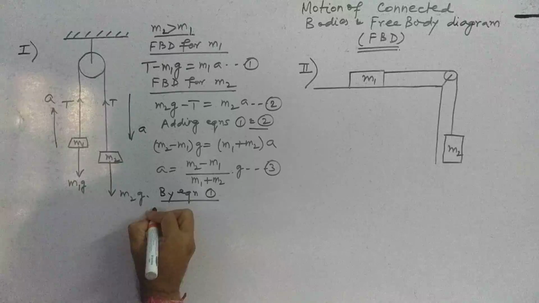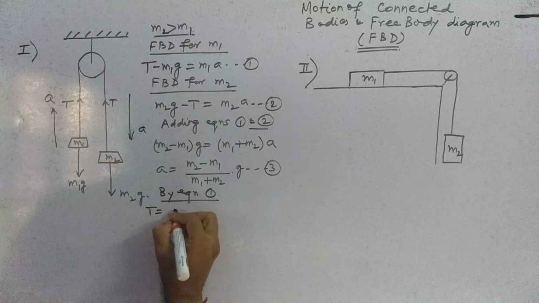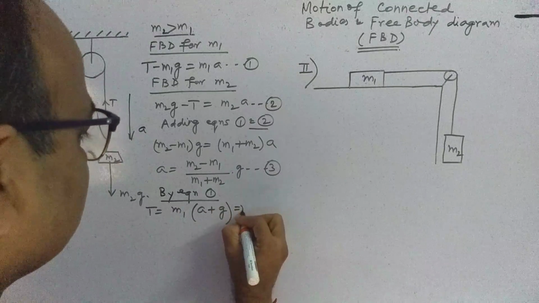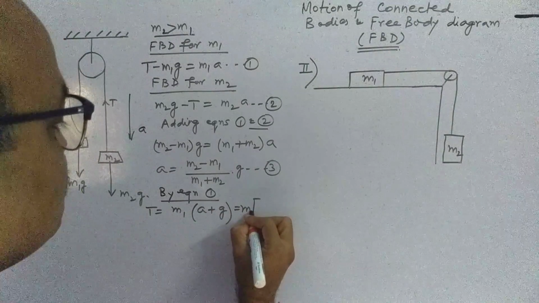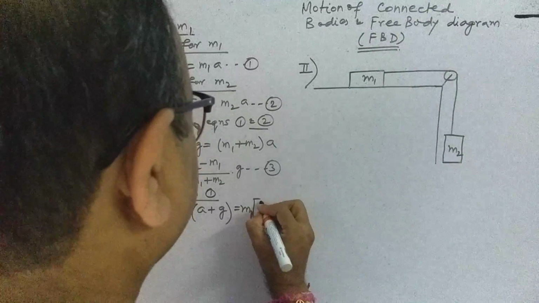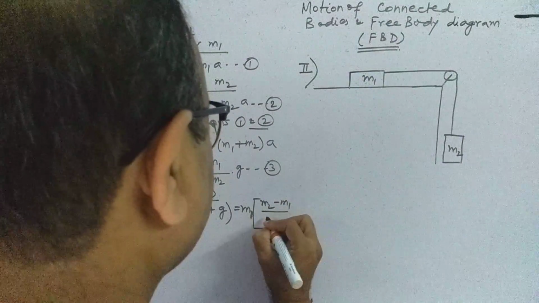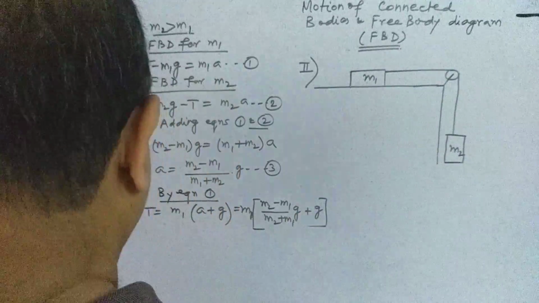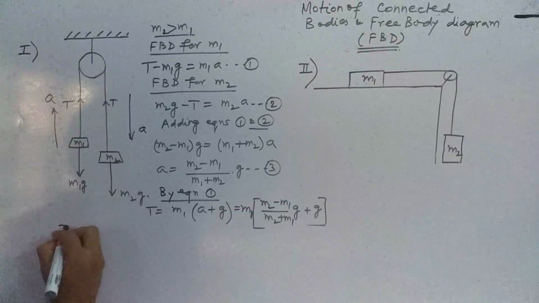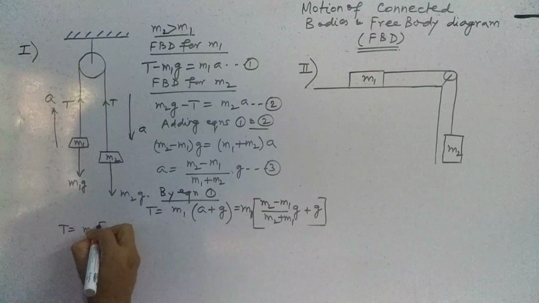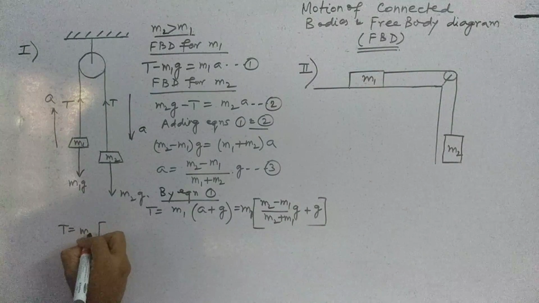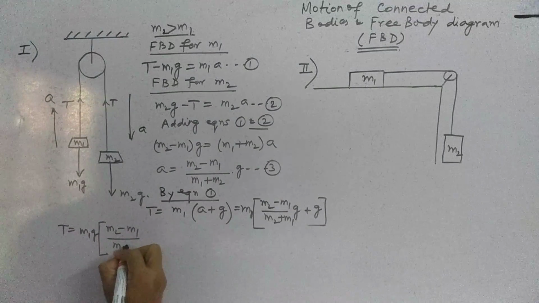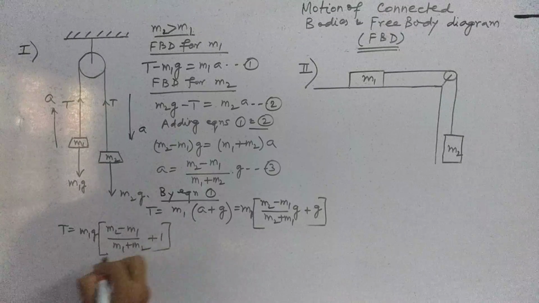T should be equal to M1 into A plus G. M1 I take common. A, what will be written in place of A? M2 minus M1 by M2 plus M1 into G plus G. So we can write T is equal to M1. Here we write M1 into G. Here M2 minus M1 by M1 plus M2 plus 1.